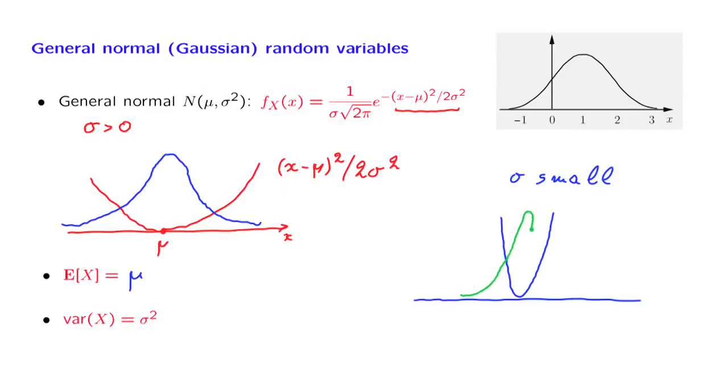So when sigma is small, the PDF that we get is a narrower PDF, and that reflects itself into the property that the variance will also be smaller.